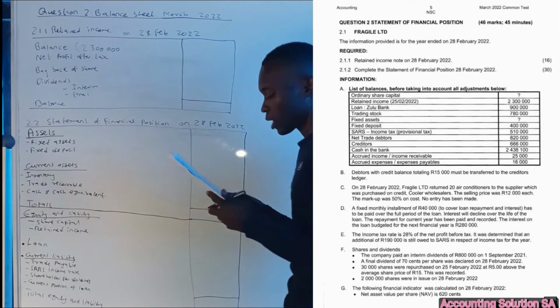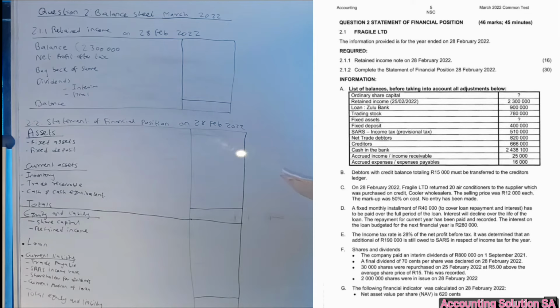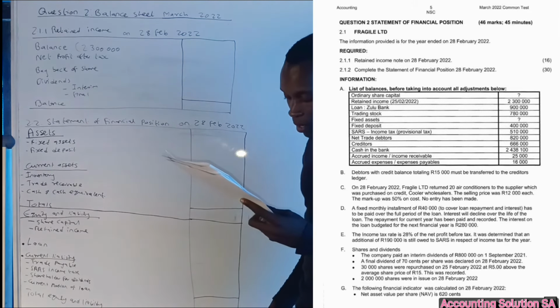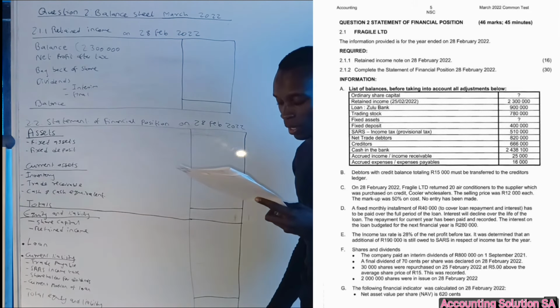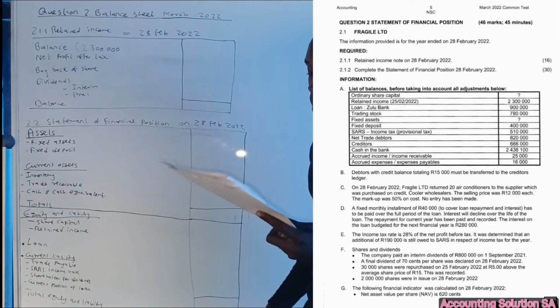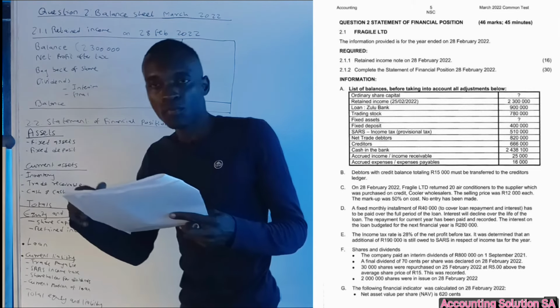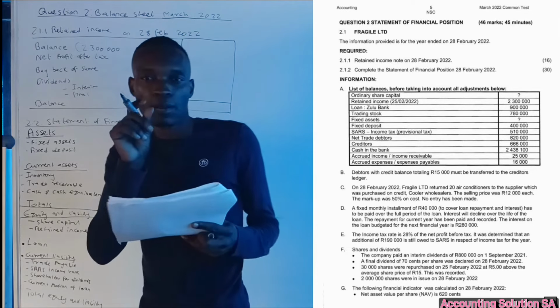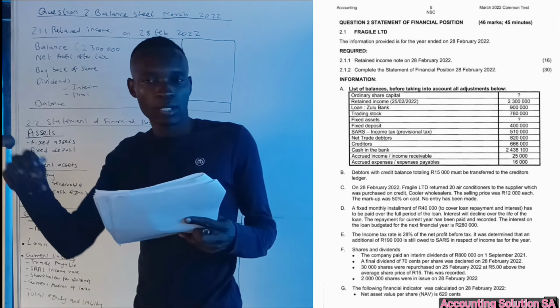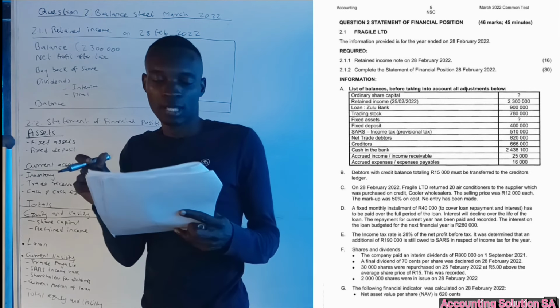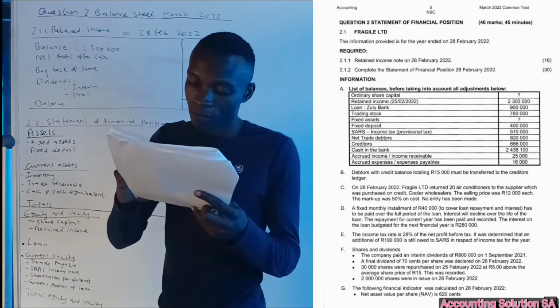How much are we going to add back? They repurchased 30,000 shares, and the loss was 5 rand. If they said the amount was above, it means it exceeded the normal average price, which means the loss was 5 rand.